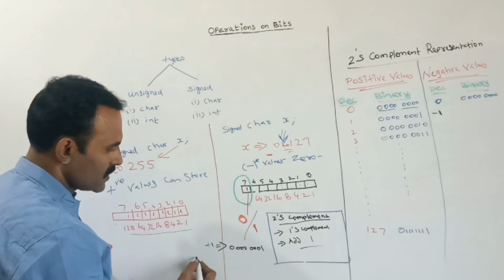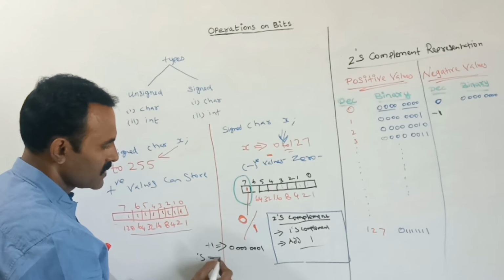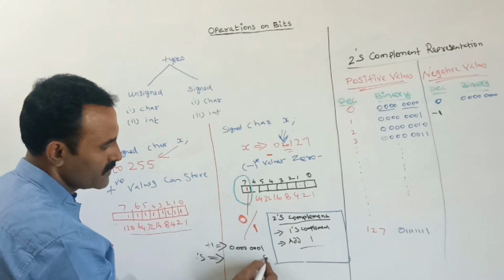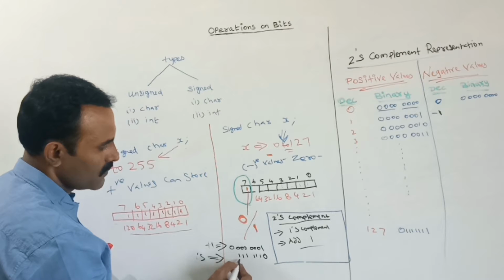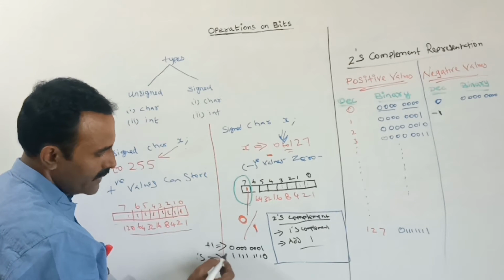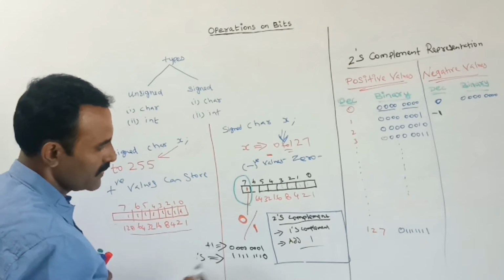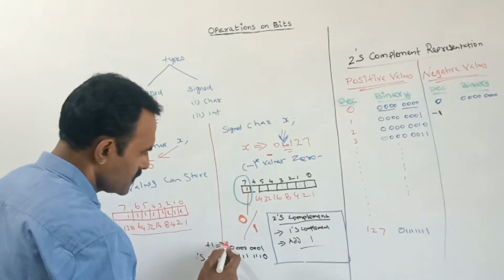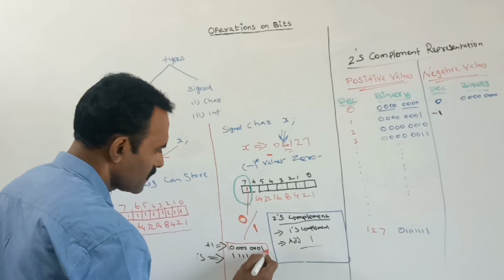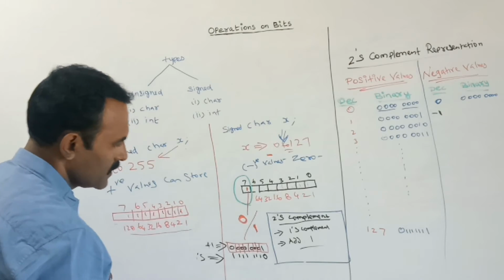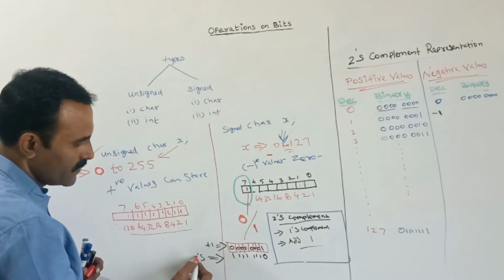Now you take the 1's complement. If you want to take the 1's complement, just invert the number. Here 1 will become 0, 0 will become 1. This is the 1's complement value of plus 1. See, I have inverted it, taken the 1's complement.